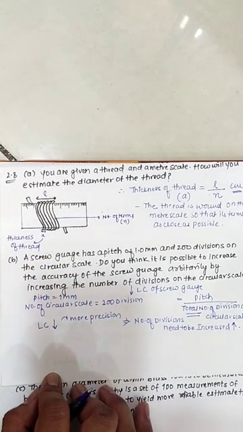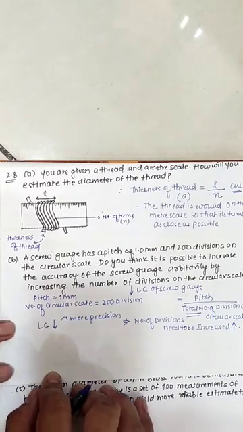You can go on increasing the number of divisions on that circular scale up to some limit. After that you cannot increase the number of divisions, because the human eye will not be able to recognize which division it is, because we have limitations of vision. Clear? So practically it is not possible.